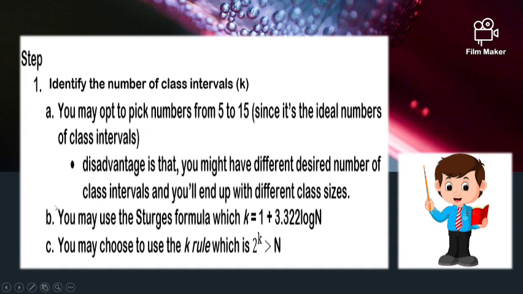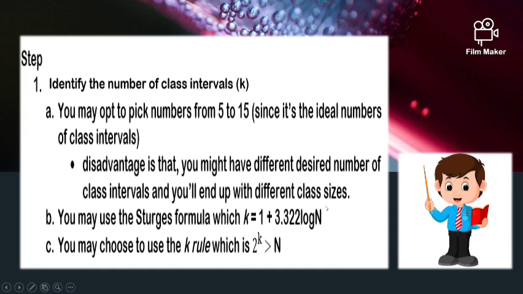So here are our options, actually: Option A, B, and C. For option A, you may opt to pick numbers from 5 to 15 as your class intervals, since it's the ideal number of class intervals accordingly. But as I've said, the disadvantage is that you might have different desired numbers of class intervals and you'll end up with different class sizes.